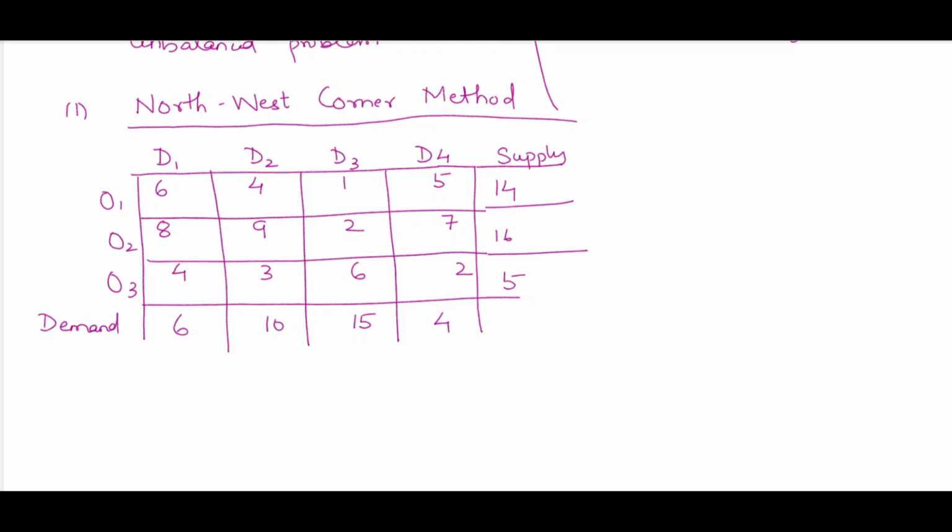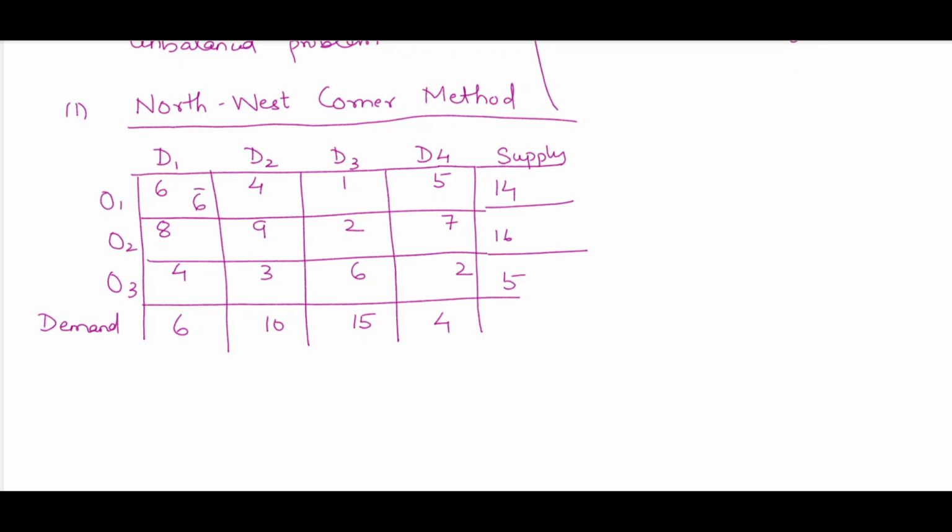We have to work out the northwest corner method. As the name itself says, this is the northwest corner of the entire table, so we start filling from this cell. Here demand is 6 and supply is 14. 6 is smaller than 14, so we write 6 here and fulfill the demand.